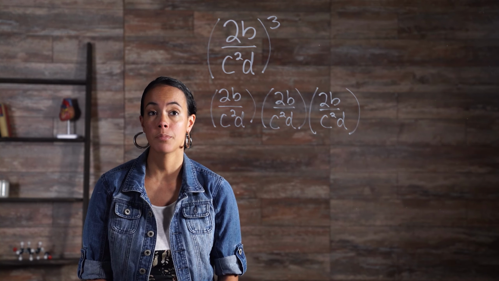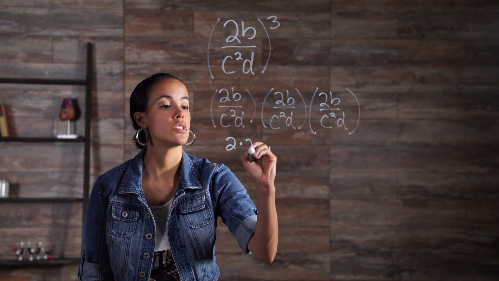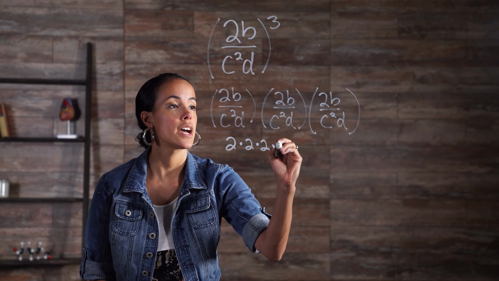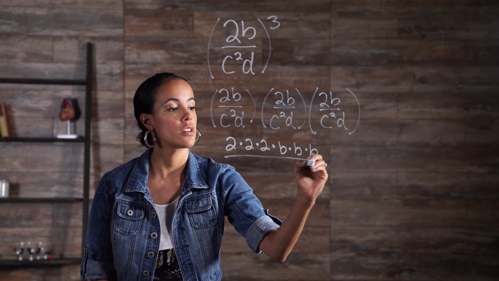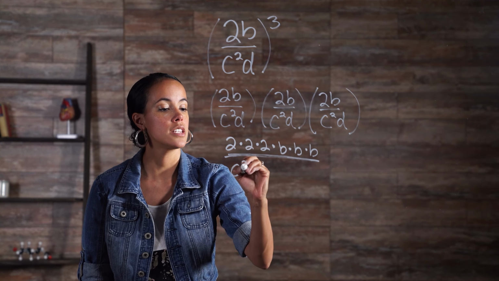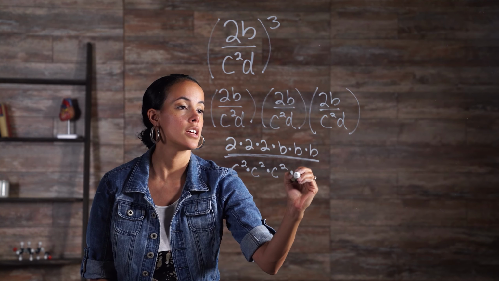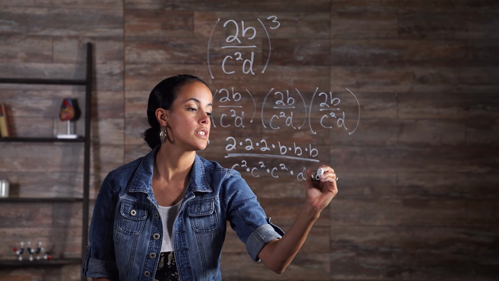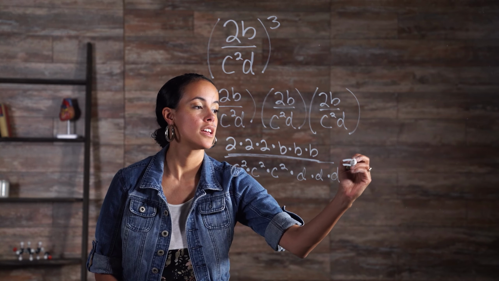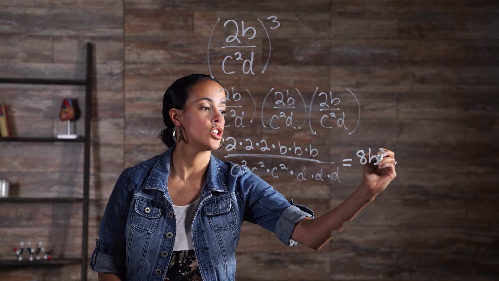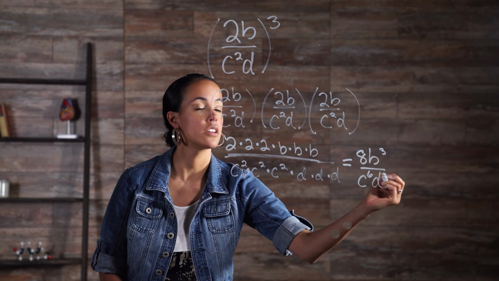Rearranging factors and applying the product of powers property results in 2 times 2 times 2 times b times b times b, all over c squared times c squared times c squared times d times d times d. This equals 8b cubed over c to the 6th power times d cubed.